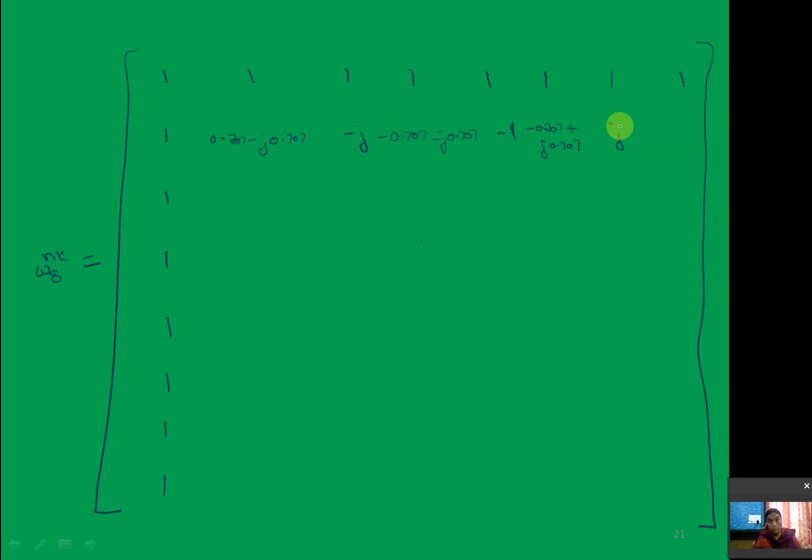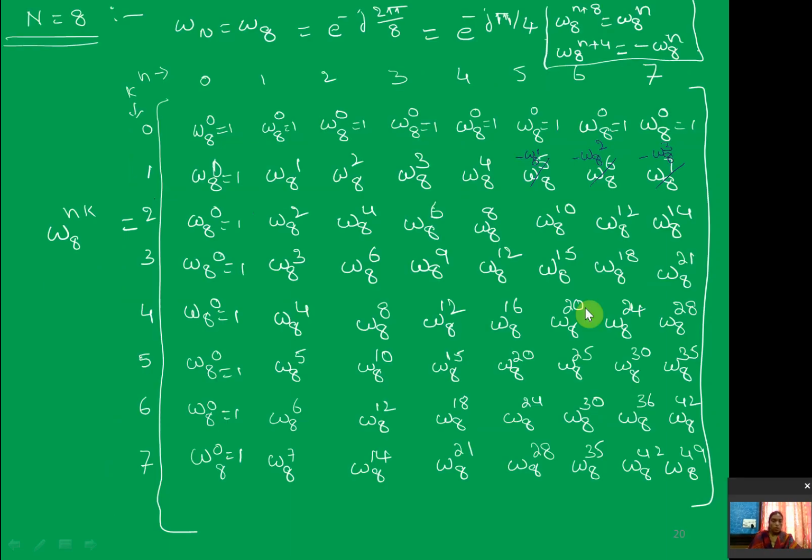Next one is minus W8 power 3, which is plus 0.707 plus j 0.707. Okay, so now in the similar way we just finish the remaining ones also.